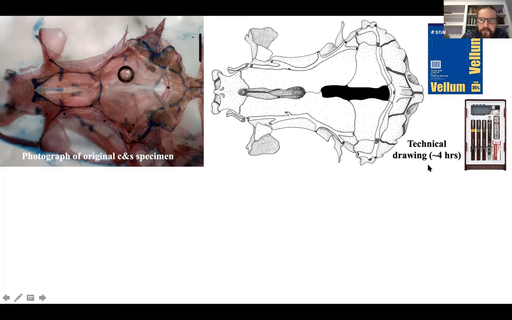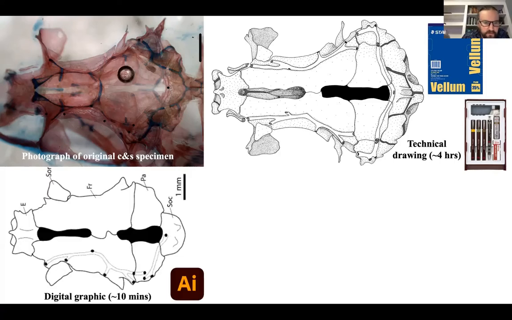So this drawing in particular took me around 4 hours to produce. But in more recent years, time has become more precious, and I've actually started to cheat a little, and I no longer use pen and ink.